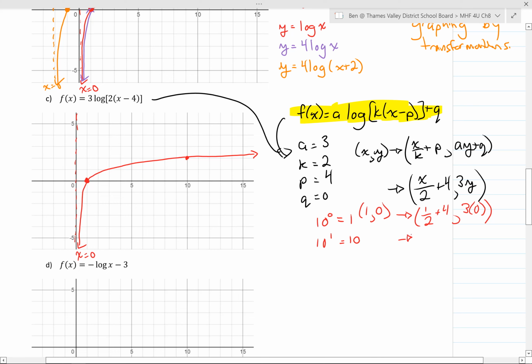Right, so that means (1, 0) transforms to what looks like (9 over 2, 0). And my other point, (10, 1), transforms to 10 over 2 plus 4, 3 times 1. Okay, so that means it transforms to 5 plus 4, that is (9, 3).